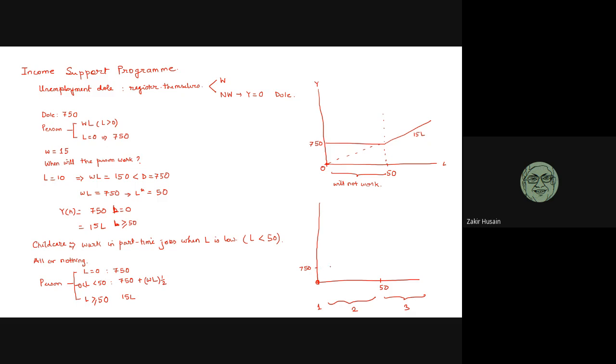But this line doesn't come like this. If she works for 1 hour, what will she get? She gets the unemployment dole and half of what she earns. Okay, so this is 7.5.